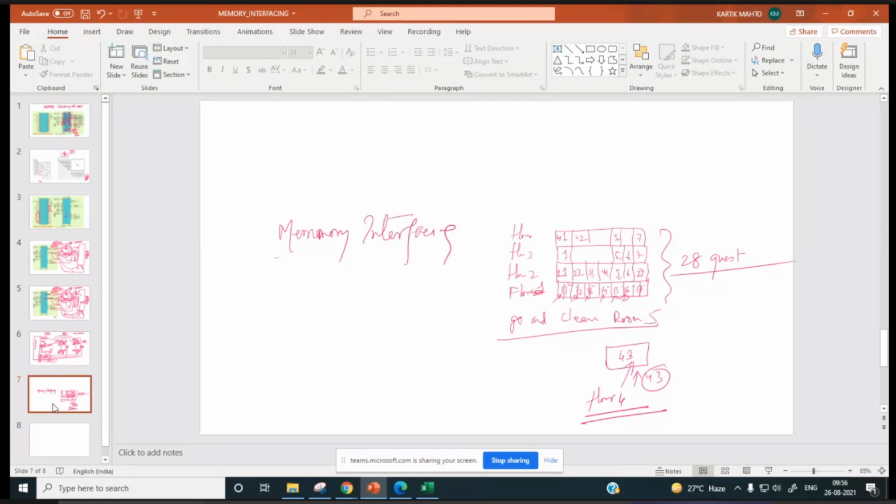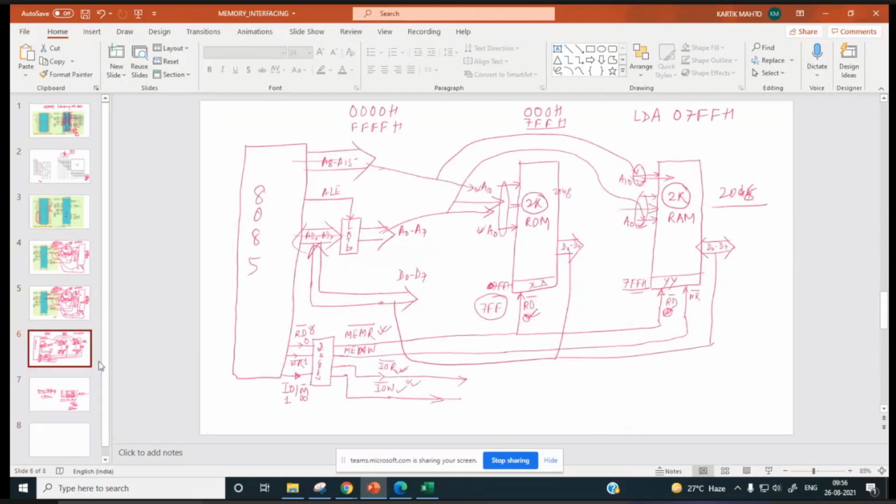How will it be done? You can see A0 to A10. A0 to A10 are actually used for representing the 2048 locations or rooms. Here also A0 to A10 are actually used for representing the different rooms.